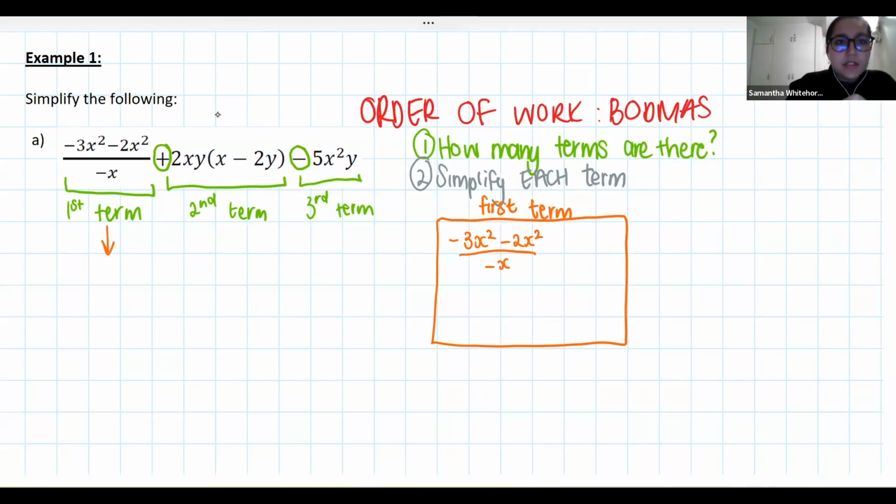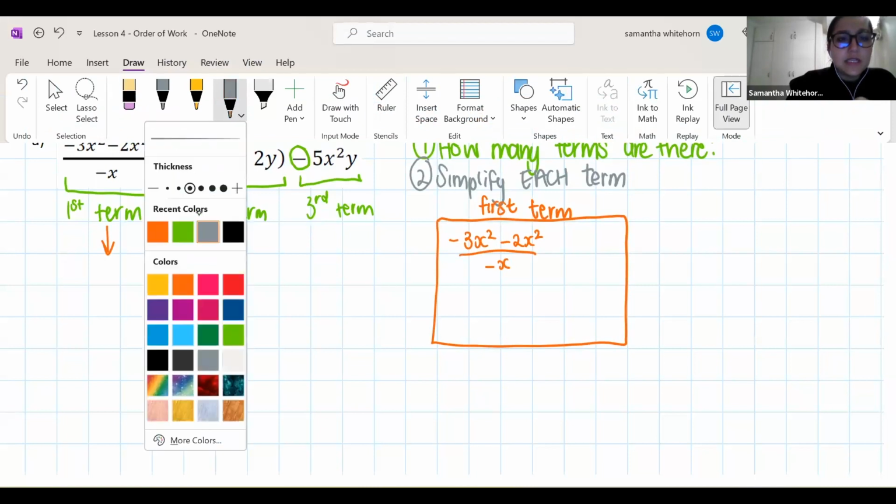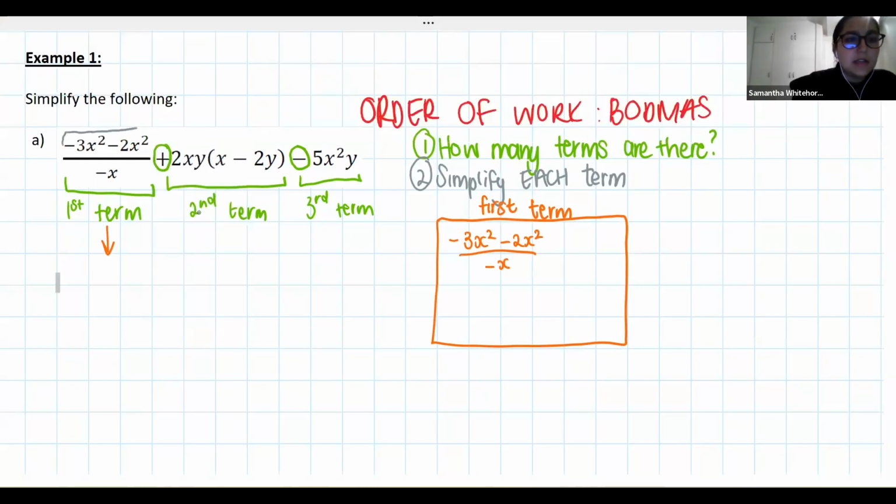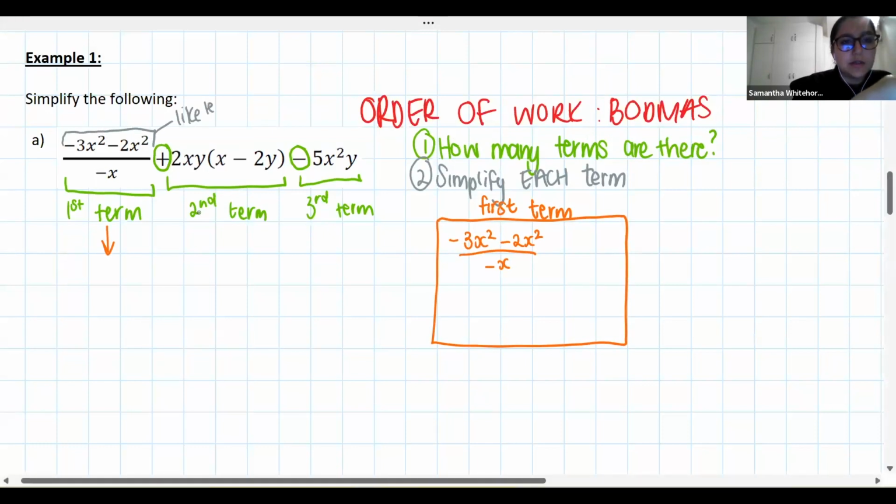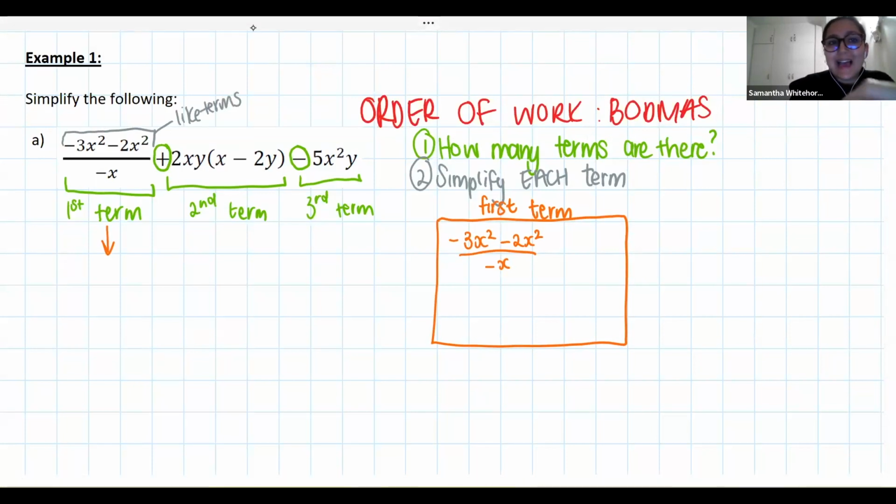The very first important thing that hopefully we're seeing here is that the minus 3x squared and the minus 2x squared are actually like terms. So before I even start stressing about the division, I've got like terms that I can add or subtract.